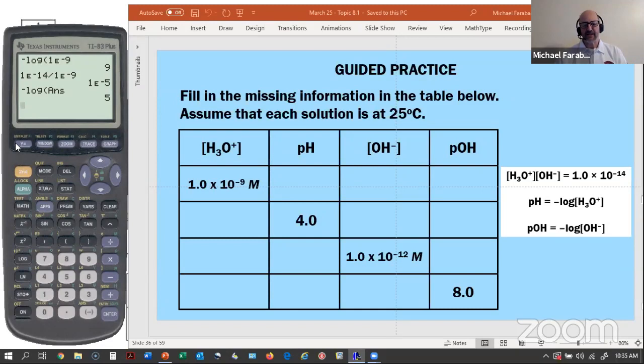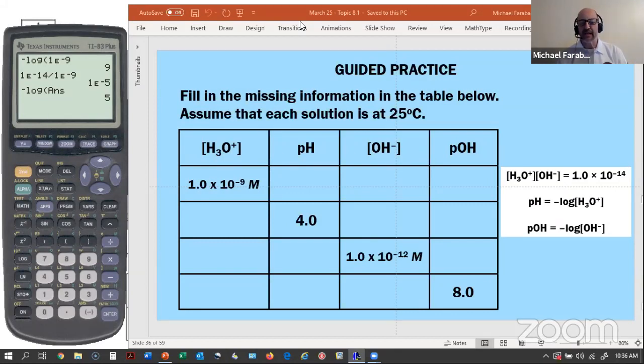So even though I did use my calculator, this particular table is filled with a bunch of relatively easy mental math problems. You will certainly have access to a calculator on the AP exam, but I wanted to show you that you could use your calculator to do some of these calculations.